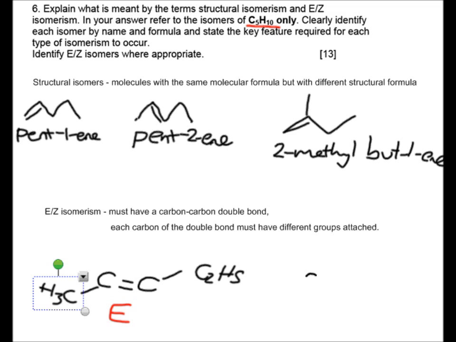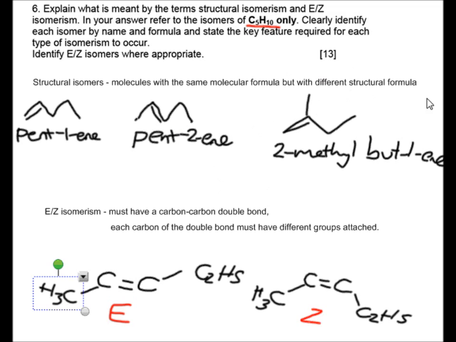The Z isomer then, both of these 2 groups will be on the same side of the molecule. So Z, both substituents are on the same side, sorry.